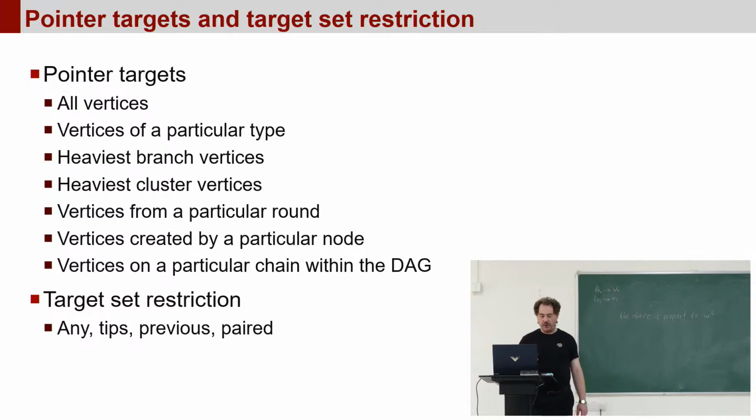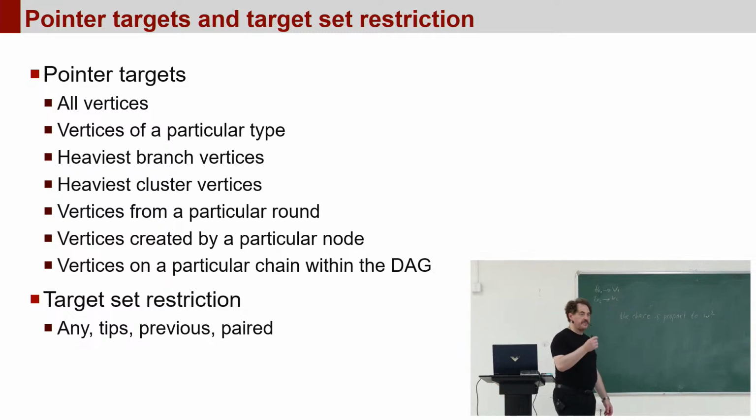What are the potential targets of pointers? It could be all vertices. It could be vertices of a particular type out of those types listed previously. In some systems, we pick the heaviest branch and only vertices from that branch. In some systems, we compute clusters of vertices and pick the heaviest clusters.